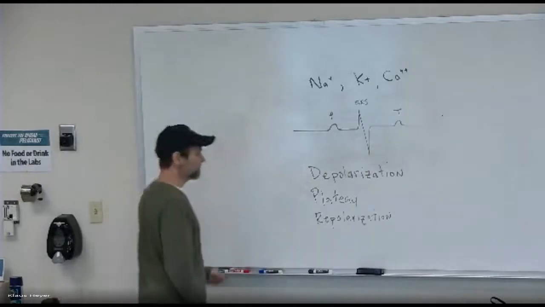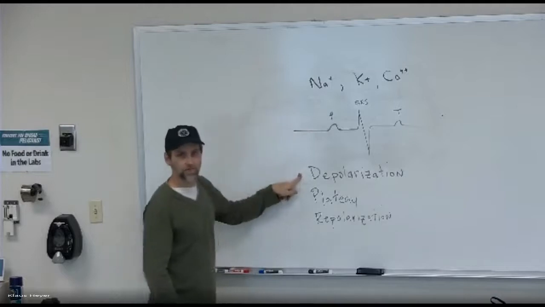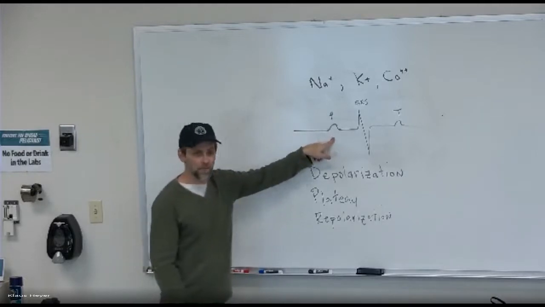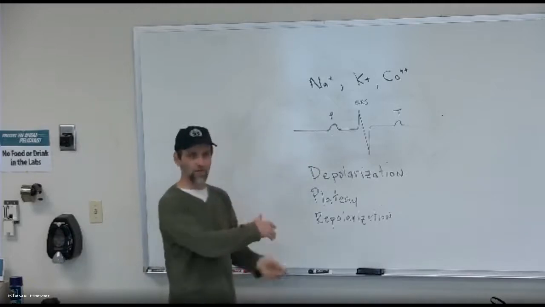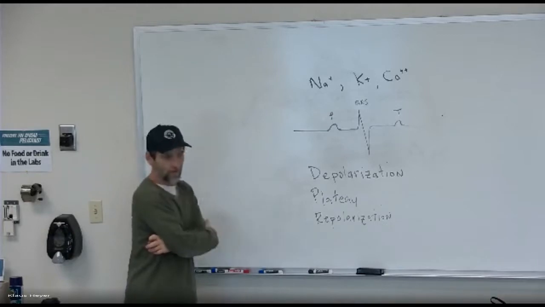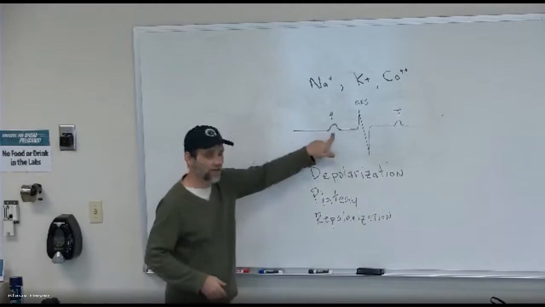So atrial depolarization is telling me that the atrium are about to contract because all the sodiums are rushing in. That's depolarization, which means contraction. That lets me know that the atrium contracted.